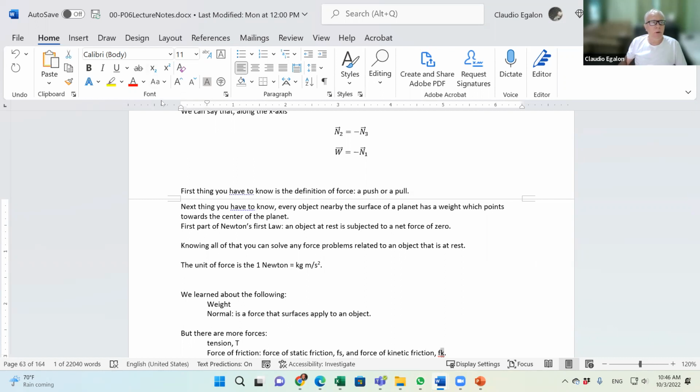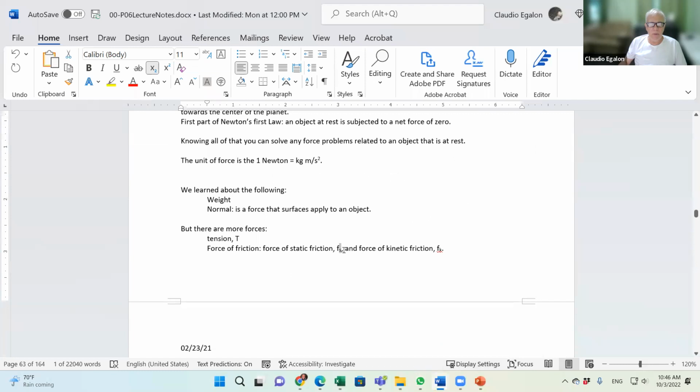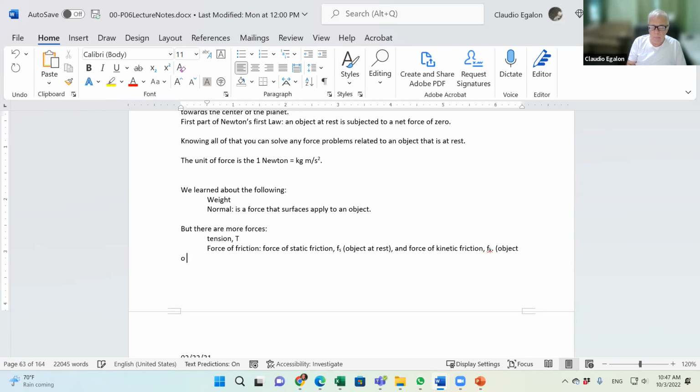Okay, just like the name suggests, force of static friction is that force that you have whenever the object is at rest. Kinetic friction, object moving.